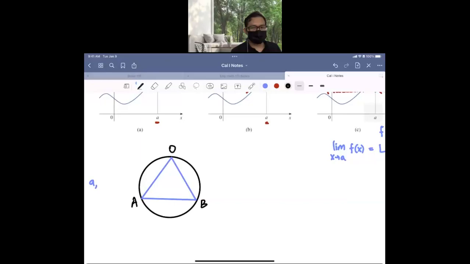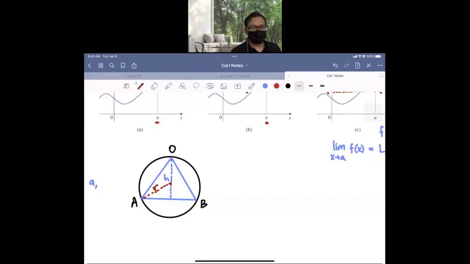And if I have this as the height of the triangle, and this red dash here is the radius of the circle, so R is the radius of the circle.